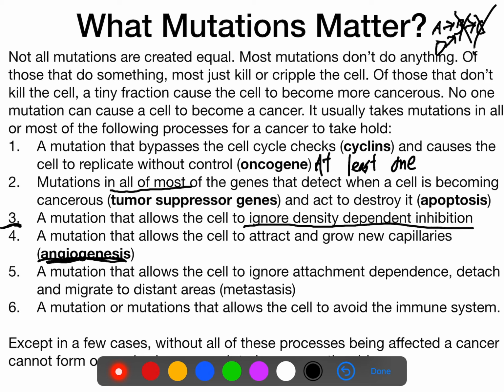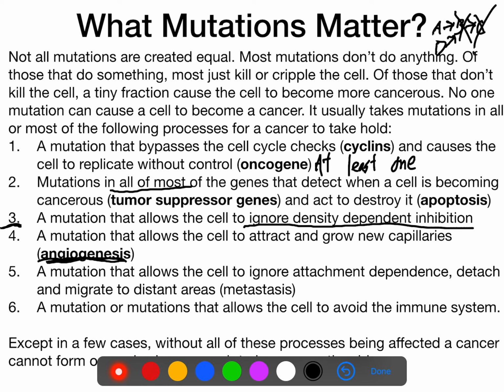So a mutation that allows the cell to do angiogenesis will allow it to basically build capillaries inside of itself so that it can get oxygen to all of the parts of the tumor that need to get oxygen. All right. With angiogenesis, the tumor can now grow quite large, but it's still a tumor, not technically a cancer.